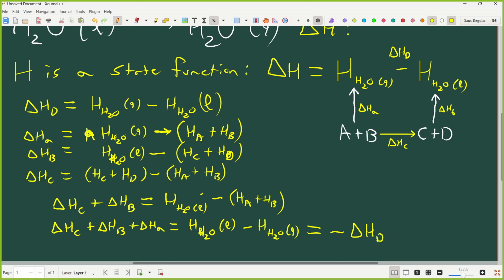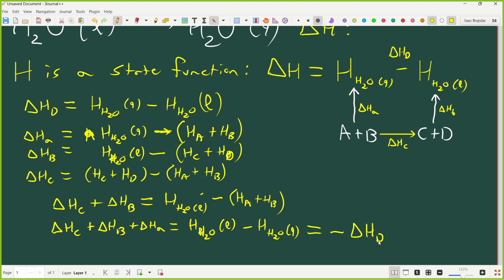So this is the advantage of using state functions that only depend on products and reactants: if I have something that's really hard to measure, I can go around in a loop and measure three related things that are easier to measure, and when I add the enthalpies of all those together, I get the enthalpy that I want indirectly.